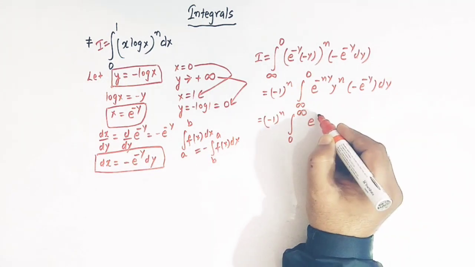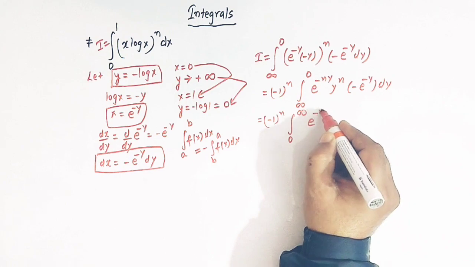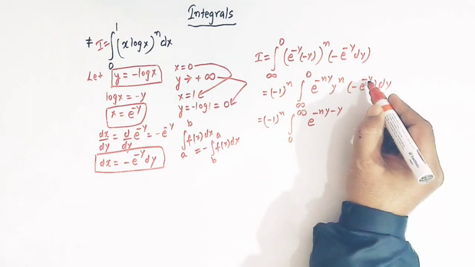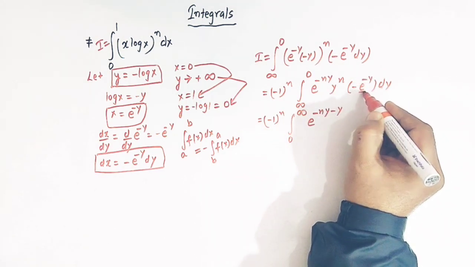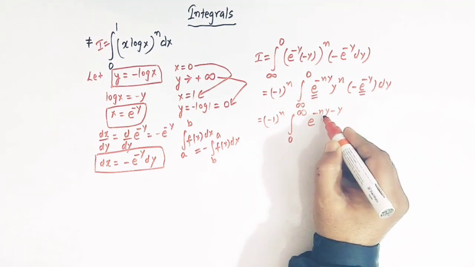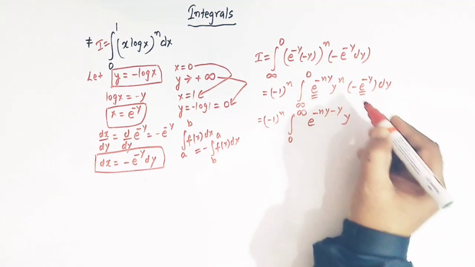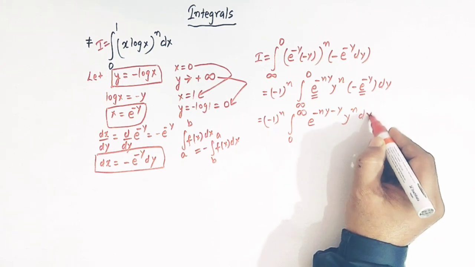So here we have e raised to minus ny, then we have e raised to minus y, and because the bases are the same, and here we have y raised to n and dy.